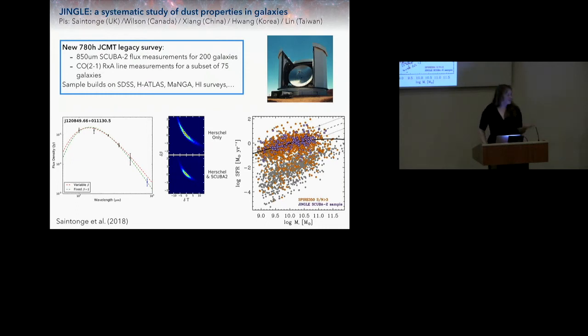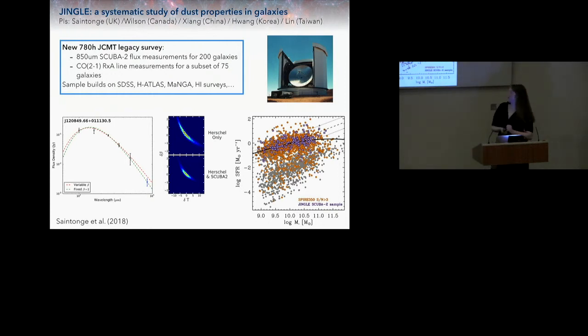So since coming to the UK about 5 years ago now, I've been taking an interest in ensuring our community's involvement in the James Clerk Maxwell Telescope, the JCMT, in Hawaii, because it is a great facility to help us probe that component, that 1% of the 1%, that dust emission.